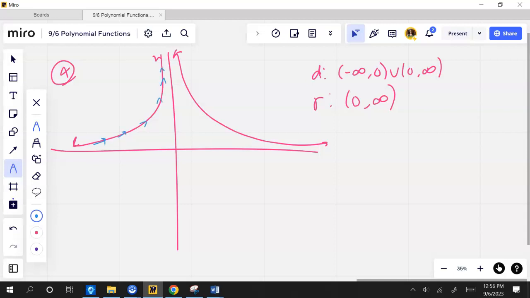I'm going up, I'm going up, I'm going down, I'm going down. She labels her graph that way: arrows going up are increasing, arrows going down are decreasing. So increasing on this would be, and decreasing would be, that's right.